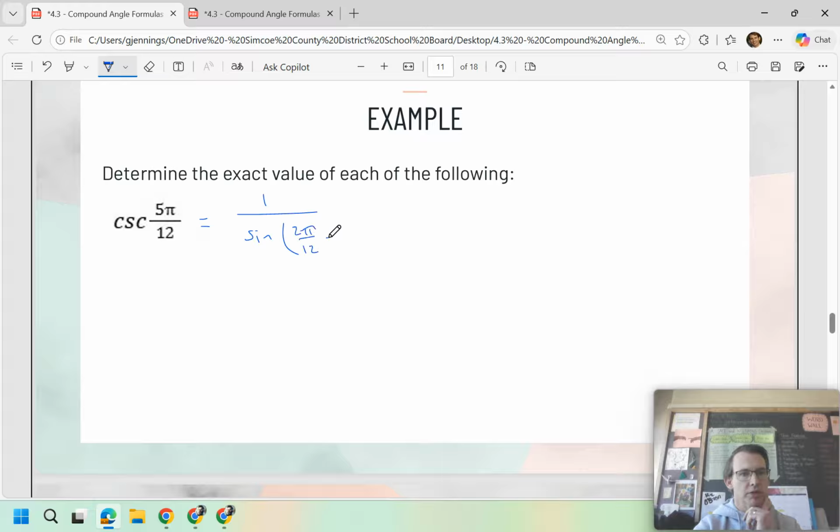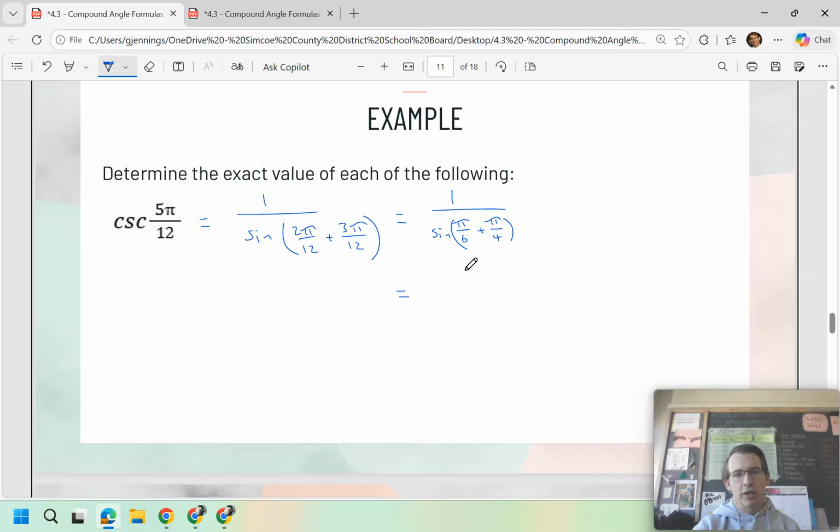Sorry, I'm not very patient. You said you wanted it fast. Yeah. 2 plus 3 is 5. So this is 1 over sine of pi on 6 plus pi on 4.